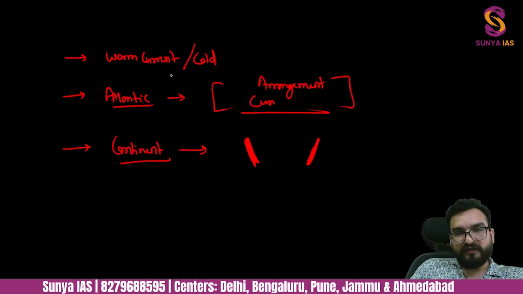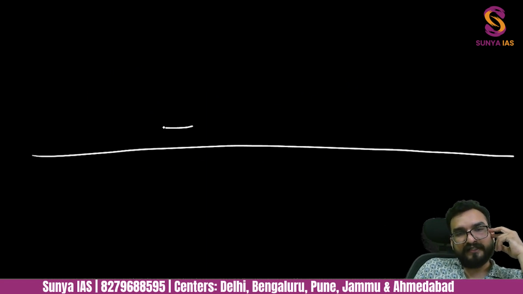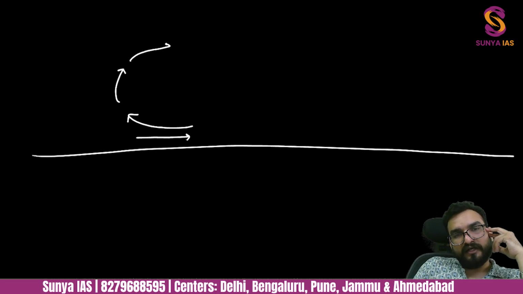So if I would like to have a rough picture of what we are seeing, then you are understanding, sir, over here North Equatorial Current, Counter Equatorial Current is flowing, Gulf Stream, then over here I have North Atlantic Drift, Gulf Stream, North Equatorial Current.